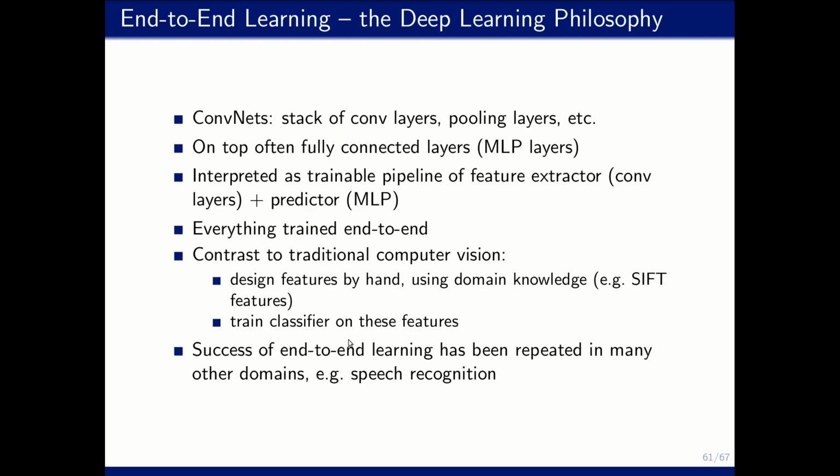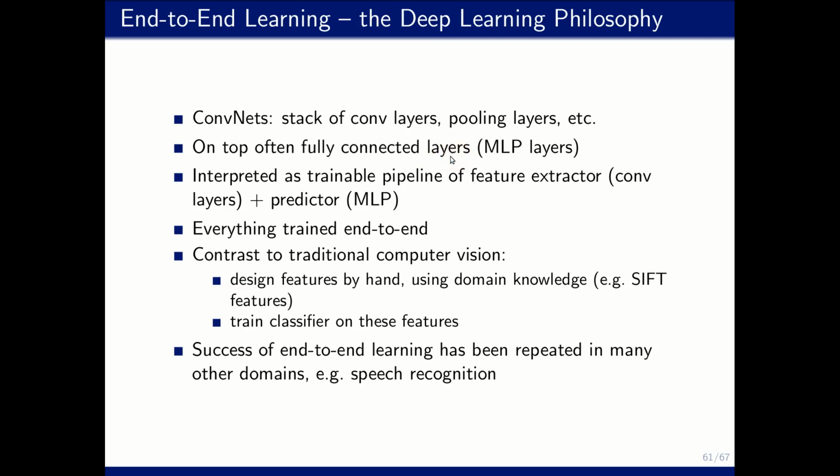And ConvNets really illustrate nicely a basic philosophy in deep learning, namely end-to-end learning. We saw that ConvNets are a stack or a more complicated structure of conv layers and pooling layers and so on. And often at the top, we flatten our features to a vector, and this gets fed into MLP layers, or fully connected layers.